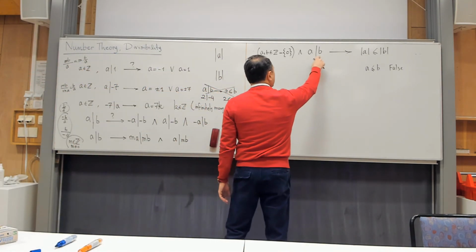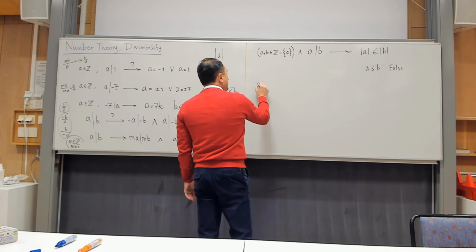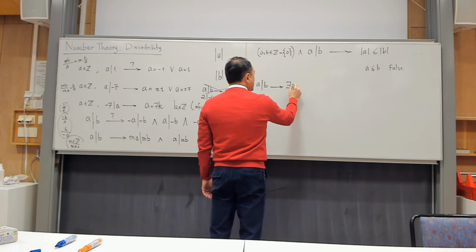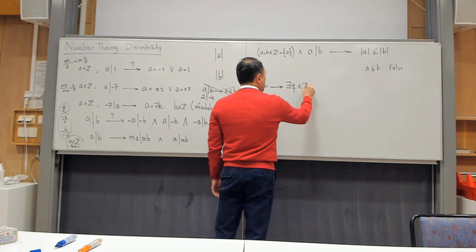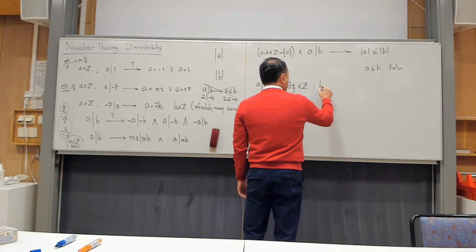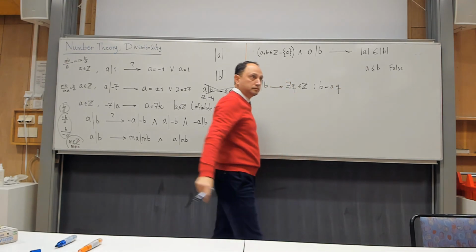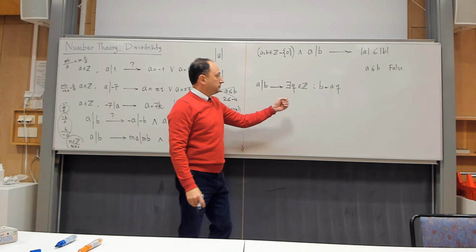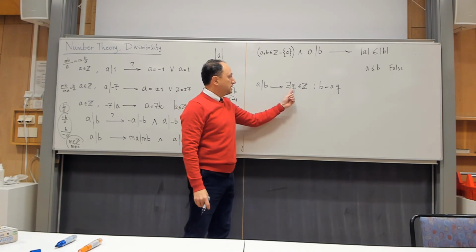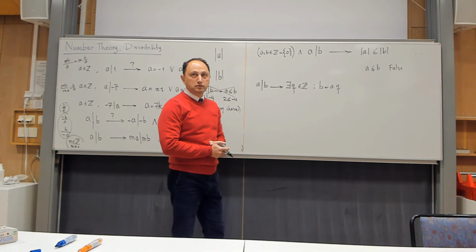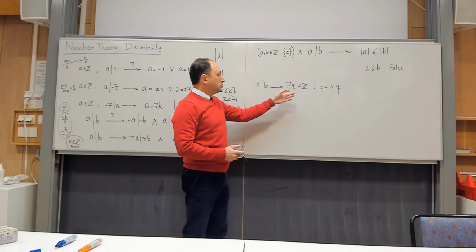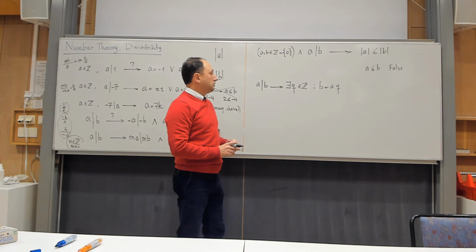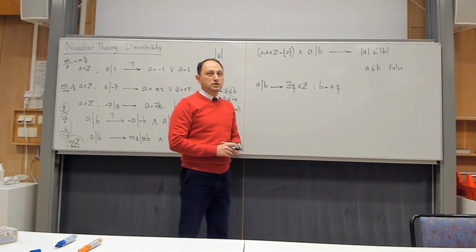The reason is clear, because you are telling me that a divides b, so I can conclude that there exists a q in Z such that b is equal to aq. Yes? But here I can say more. I can say that definitely q is not 0. In general, I don't have any guarantee that q is not 0, but in this particular case, I am sure that q is not 0.